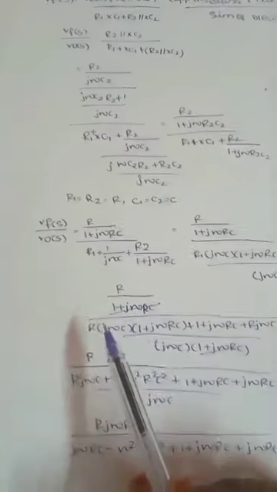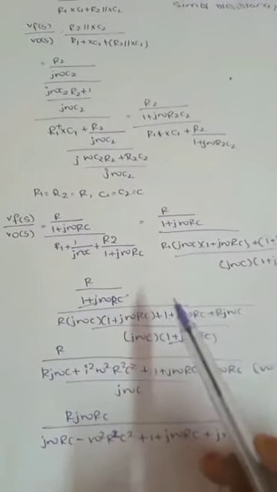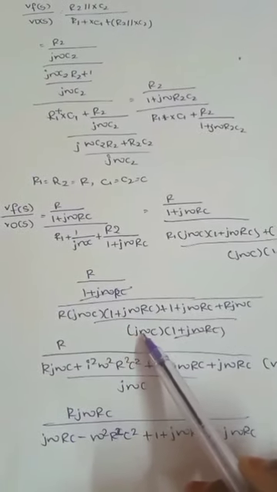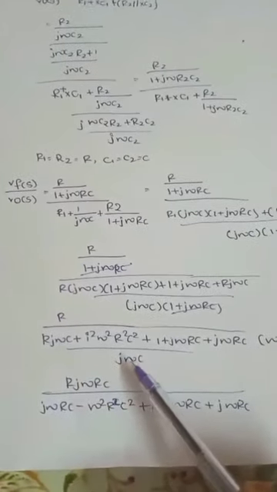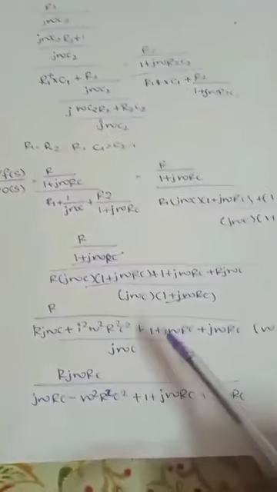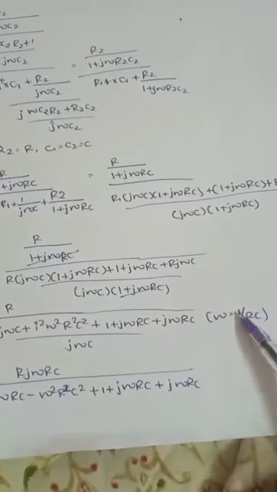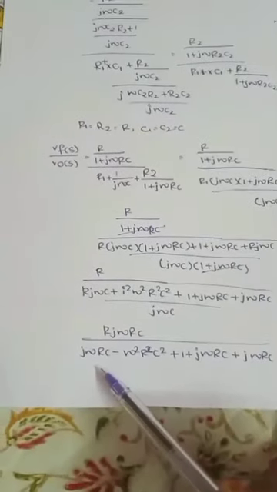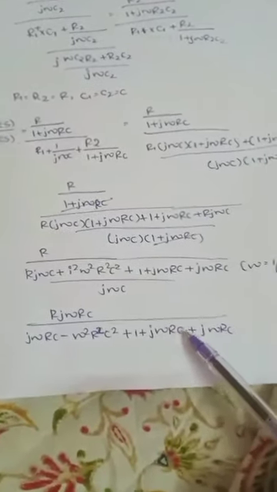Simplifying, we get R j omega RC by j omega RC minus omega square R square C square plus 1 plus j omega RC plus j omega RC. And we know that omega equals 1 by RC.